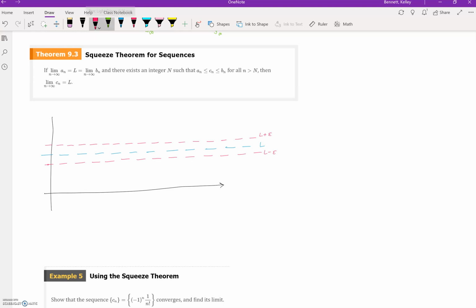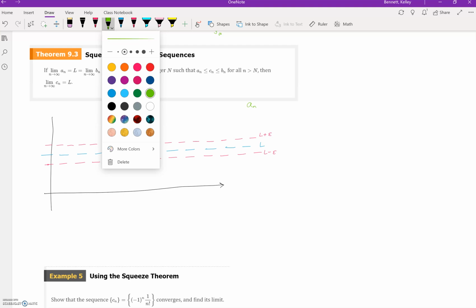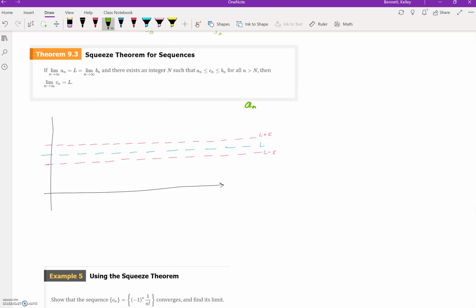So what we're really saying is that maybe we'll let A sub n be green. And so we may have A sub n behaving like this, and eventually it falls into the band, right? So here's our A sub n's. Actually, let me think of a better way to do this.